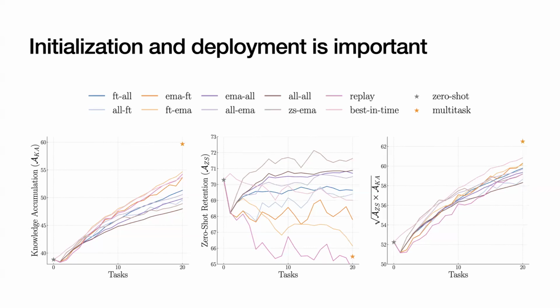I'd like to highlight two takeaways here. First, the choice of initialization and deployment strategy really matters in the temporal setting. Second, there's one strategy in particular that consistently strikes the best balance, namely using an exponential moving average for both initialization and deployment. We call this strategy Best-in-TIME.